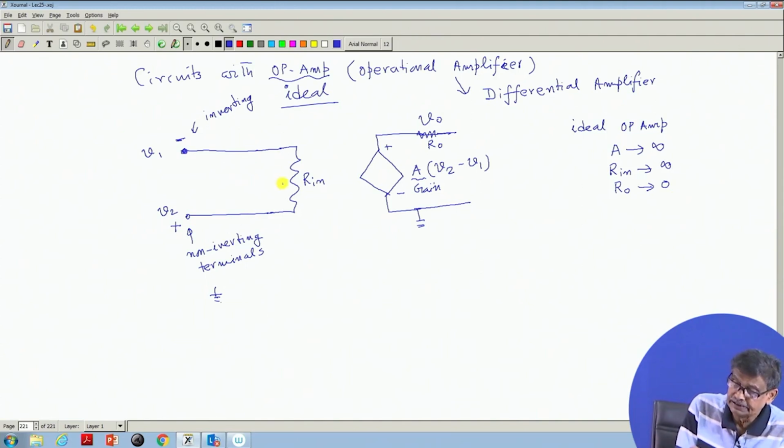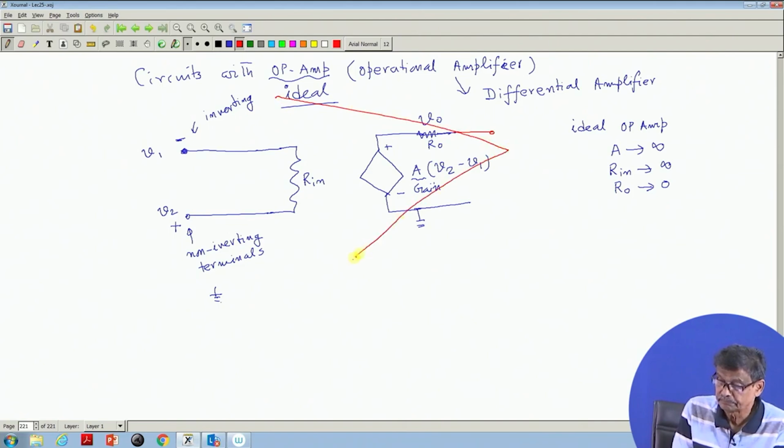So this is the op-amp. Some people will draw it like this, and these are the terminals. This is how it will be shown: input terminals and the output terminal.